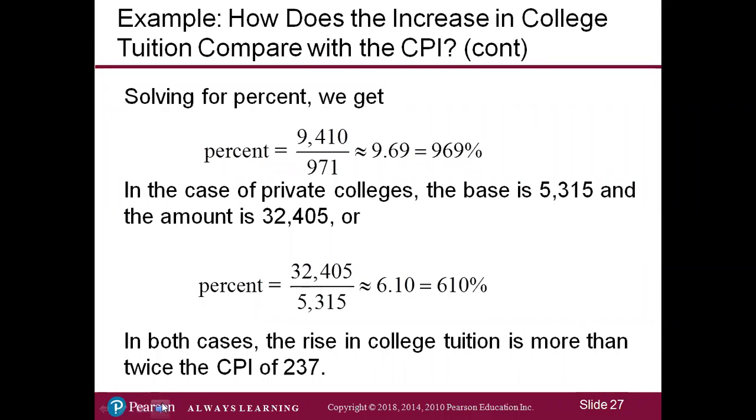In both cases, the rise in college tuition is more than twice the CPI of 237.